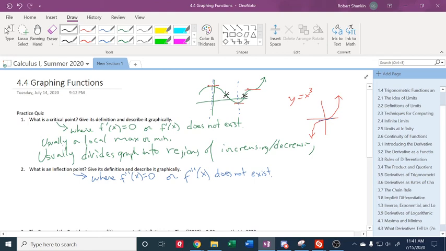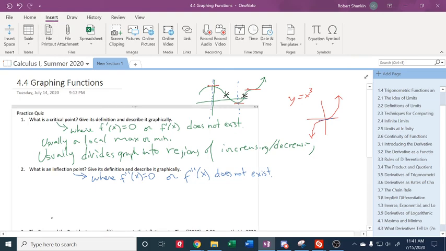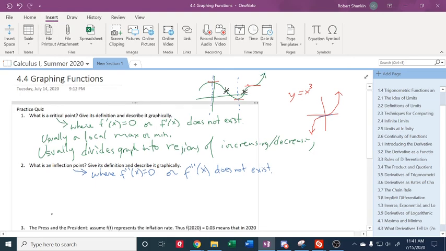Now this one, it says usually, there's two things. The second thing that I stated graphically divides into regions of increasing, decreasing. Let's put that over here. And I'm going to enter that in as text here.